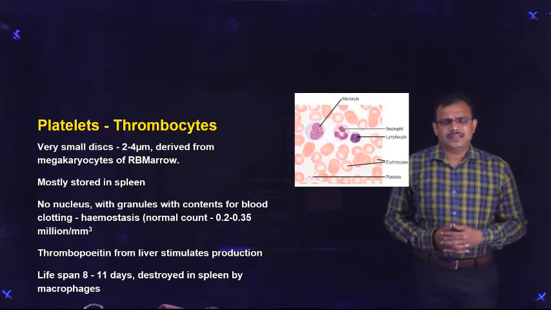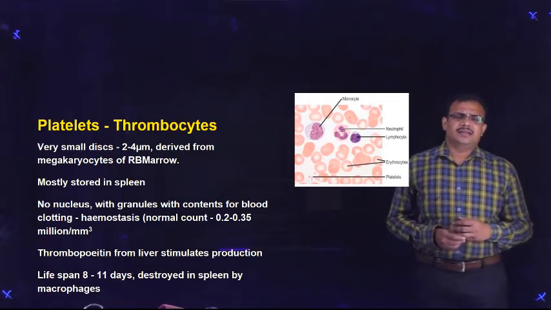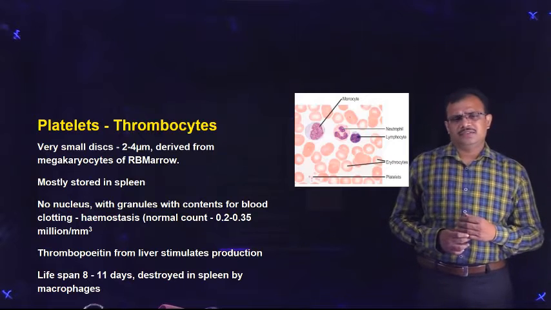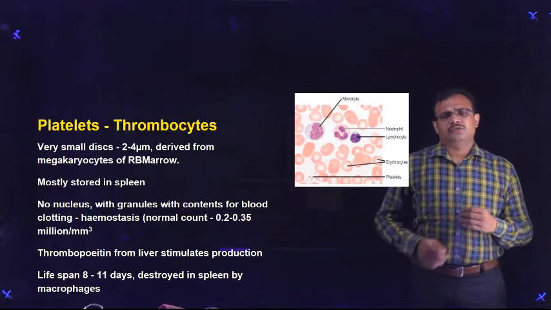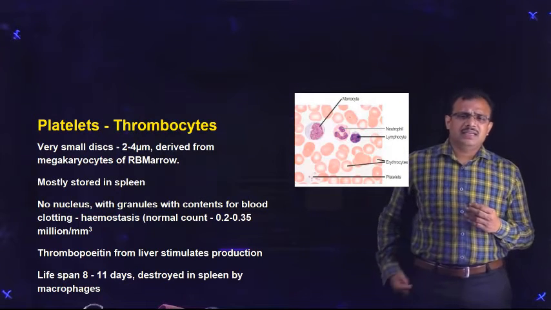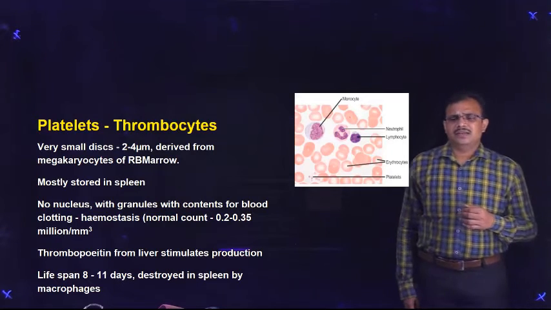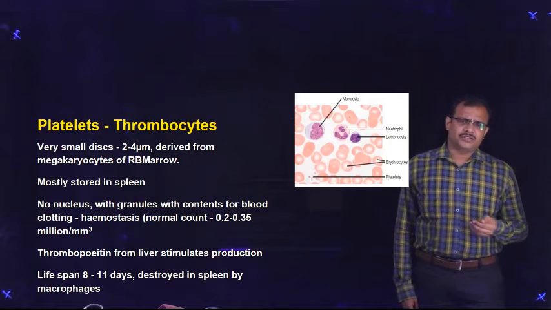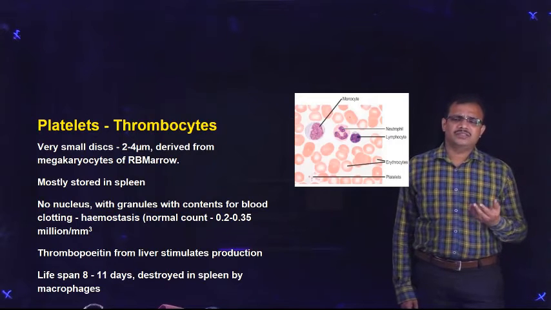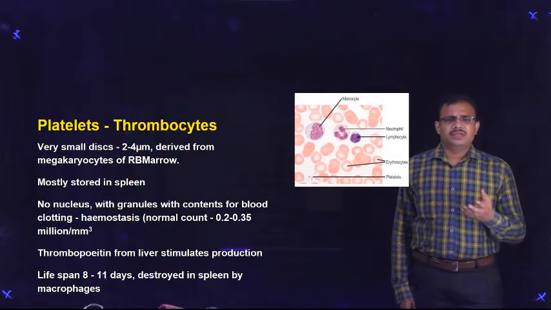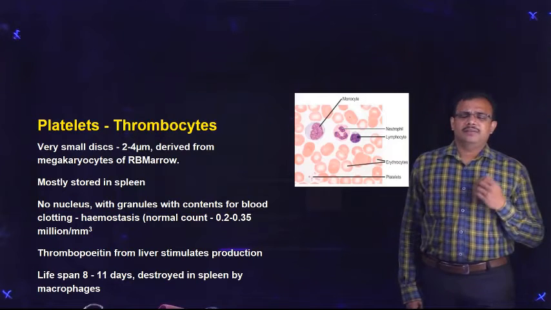The last type of blood cells are platelets, also called thrombocytes. We have seen the pluripotent stem cell gives rise to a precursor cell called megakaryoblast, and this megakaryoblast gives rise to thrombocytes or platelets.